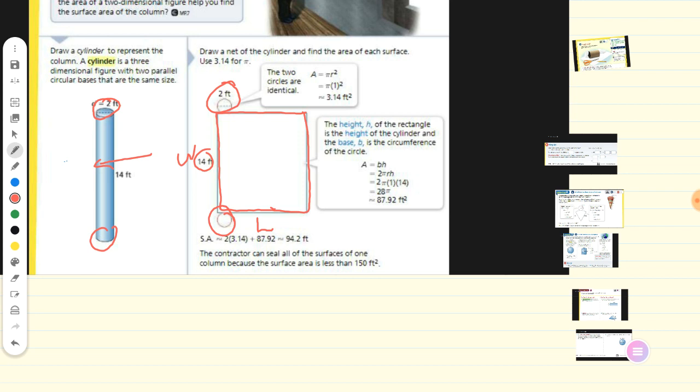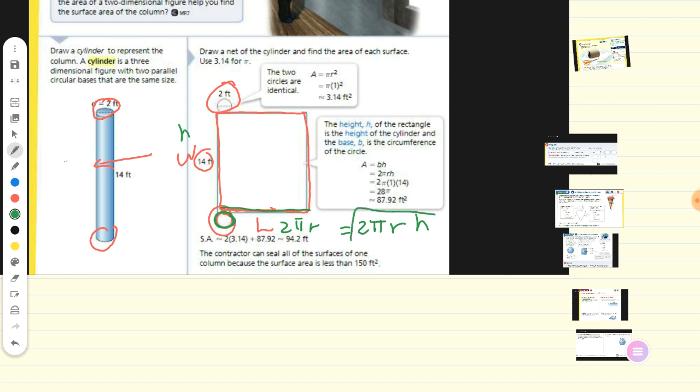Because if you fold it, it goes around the circle. This line is the circumference of the circle, which is 2 pi r. So the length is 2 pi r, and the width is h, which is 14. So the area is length times width, which equals 2 pi r h.